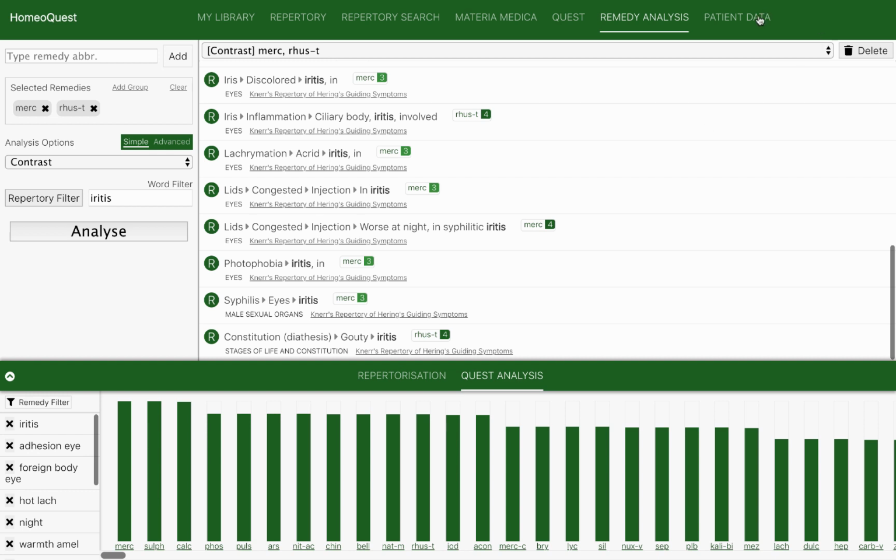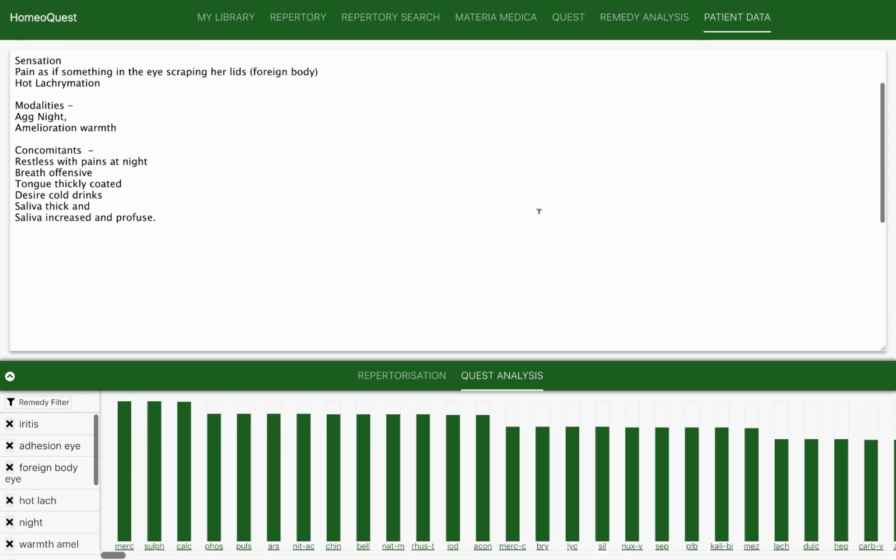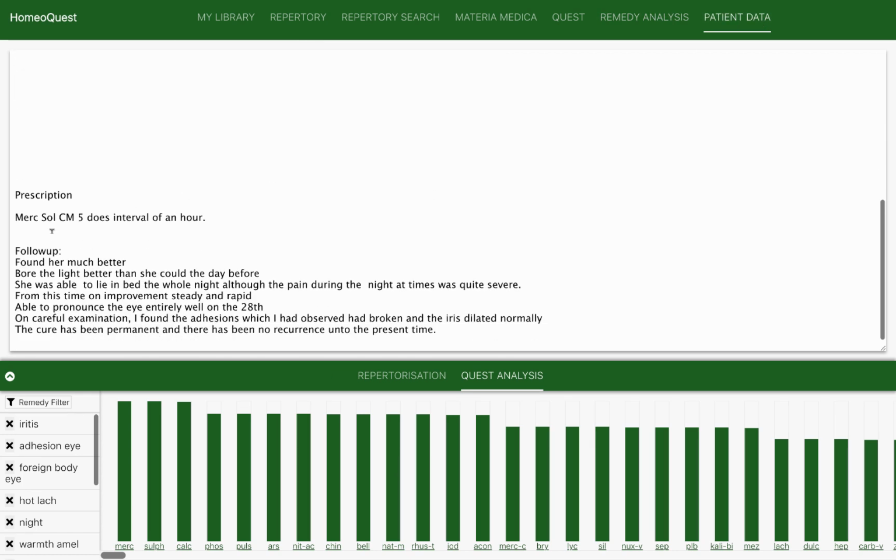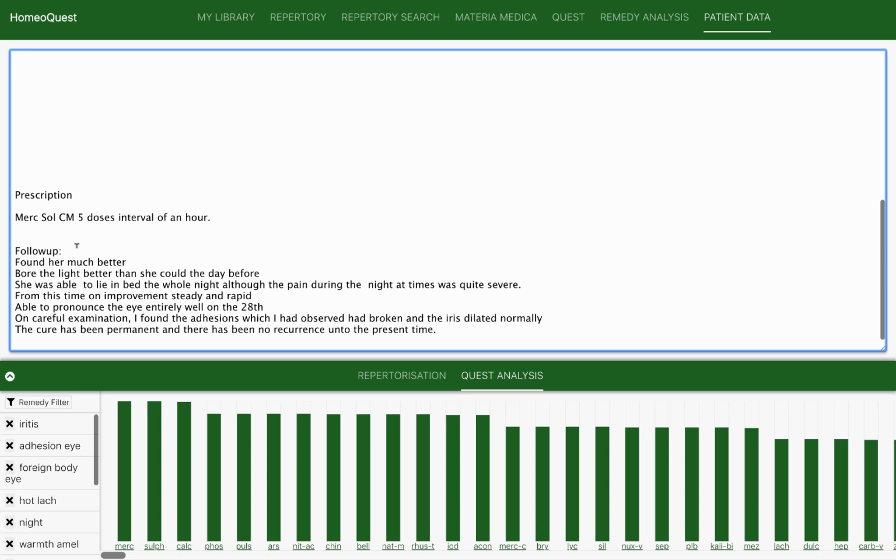So I'm going to go to the patient data and look at the follow-up. What was the patient given? Merc Sol CM, 5 doses with an interval of an hour. So that patient took those doses every hour for the next 5 hours. What happened in the follow-up? Found her much better. She bore the light better than she could the day before. She was able to lie in bed the whole night, although the pain during the night at times was quite severe.